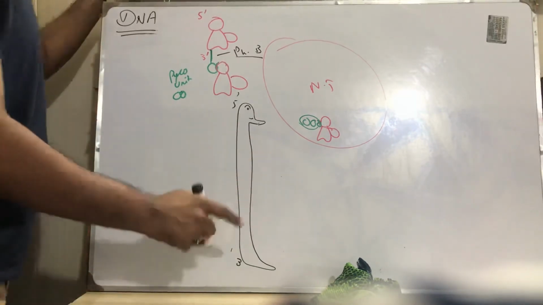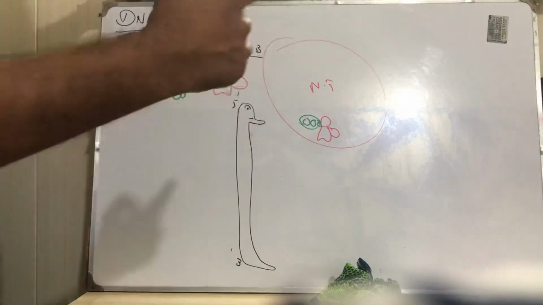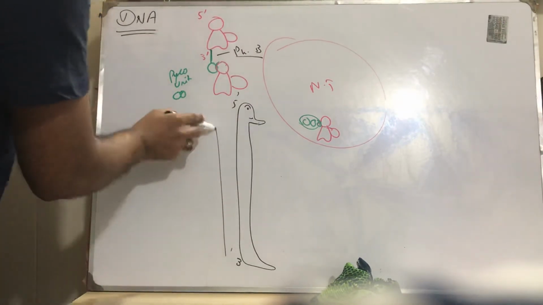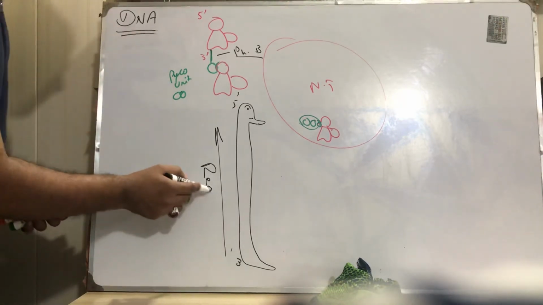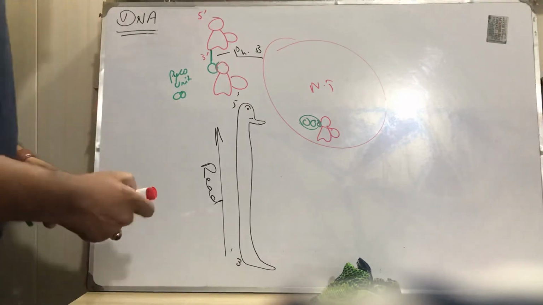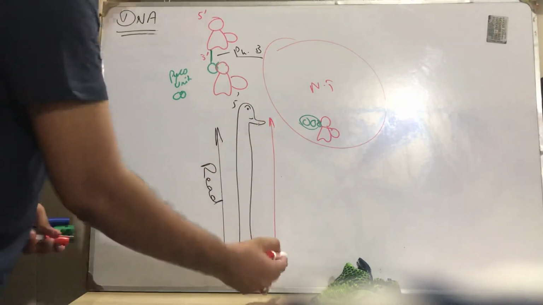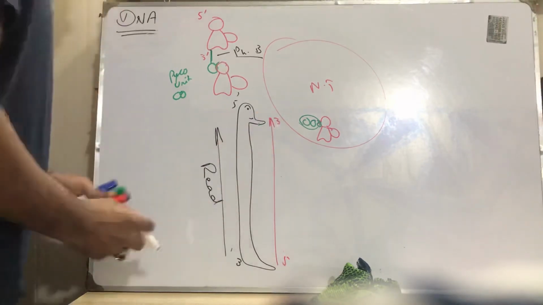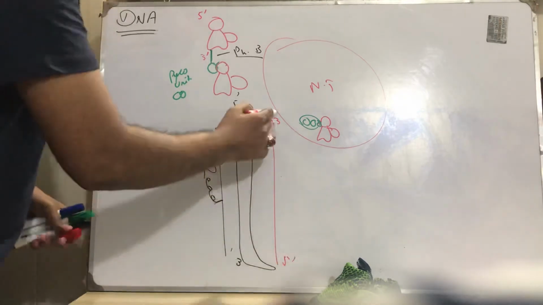One rule must be known: enzymes always read the DNA from 3' to 5', and the new DNA is synthesized always from 5' to 3', because they are complementary to each other.